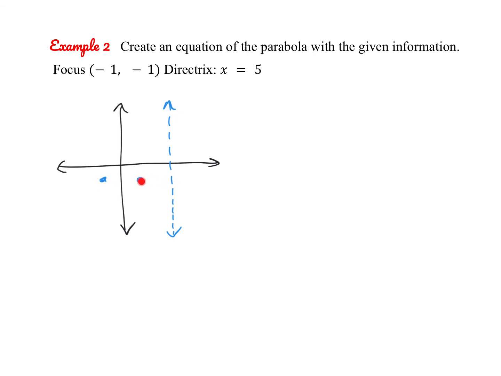The vertex is always exactly halfway in between. And if this is where my focus is, I know that my graph is going to open to the left. So I know two things here. I know that this is a horizontal parabola, and I know that p is negative.